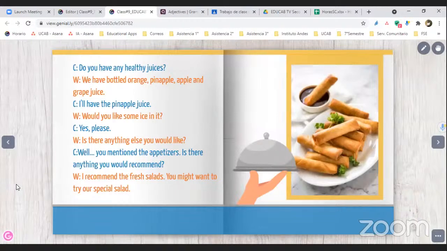So what kind of juice did the customer want? What kind of juice? Let's see if you can find the answer in the dialogue. Can you find the answer in the dialogue?